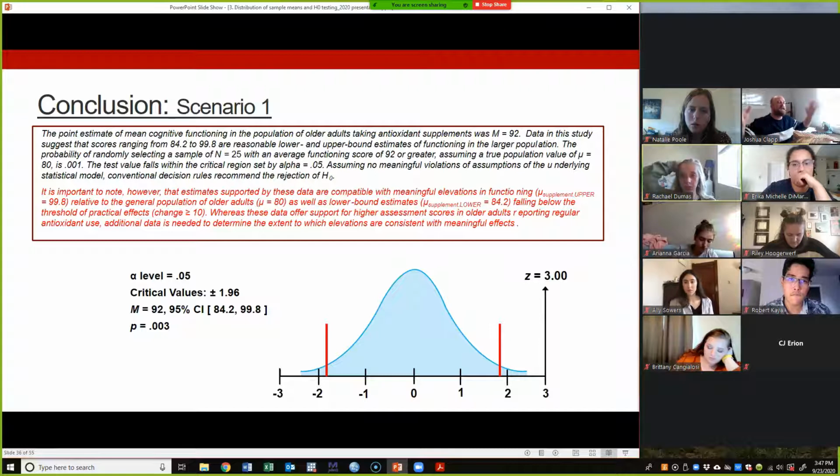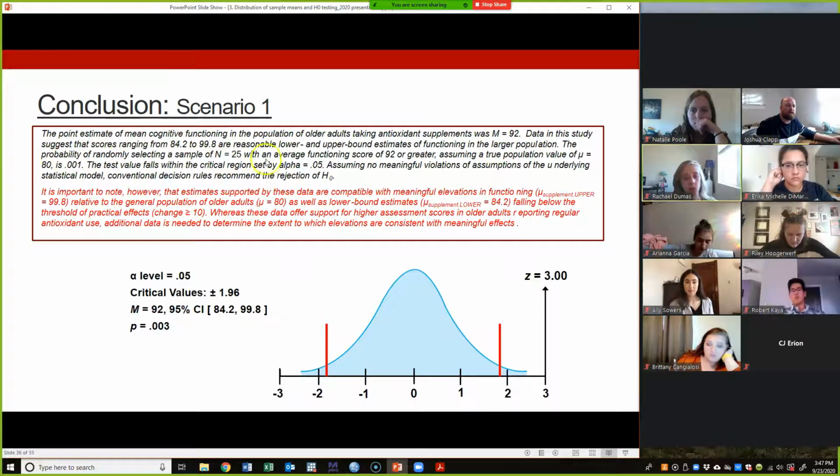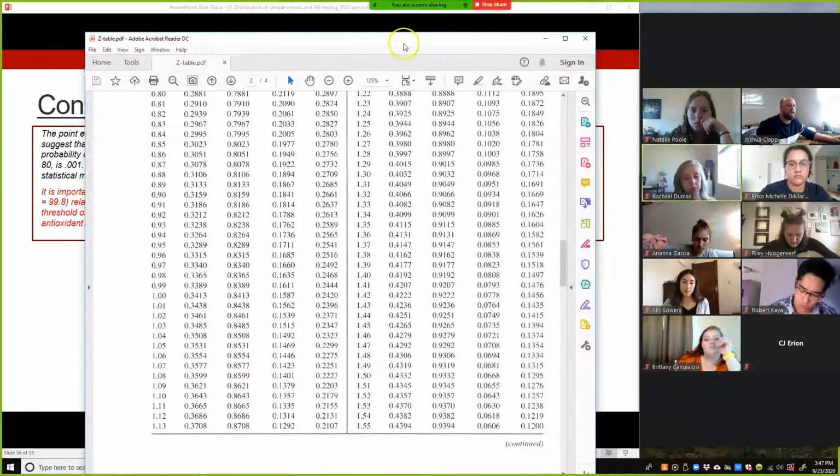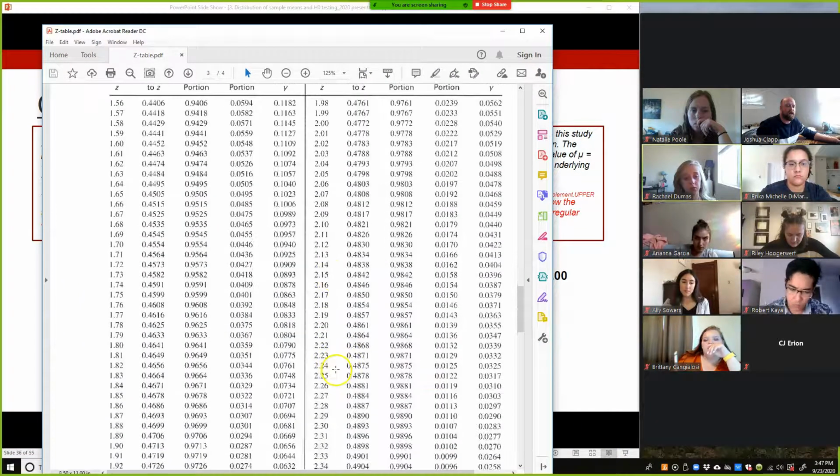I've got data to say this is probably the score in the population of interest. The probability of randomly selecting a sample of 25 with an average functioning score of 92 or greater, assuming a true population value of 80, is 0.001. That's if I look at my Z table again, at Z equal to 3.